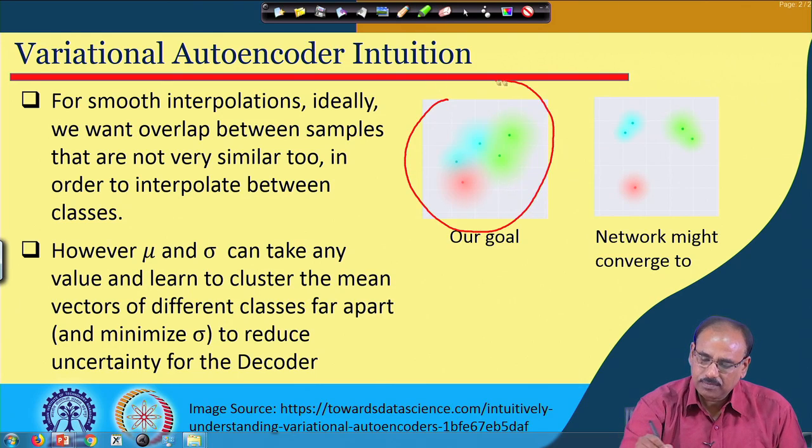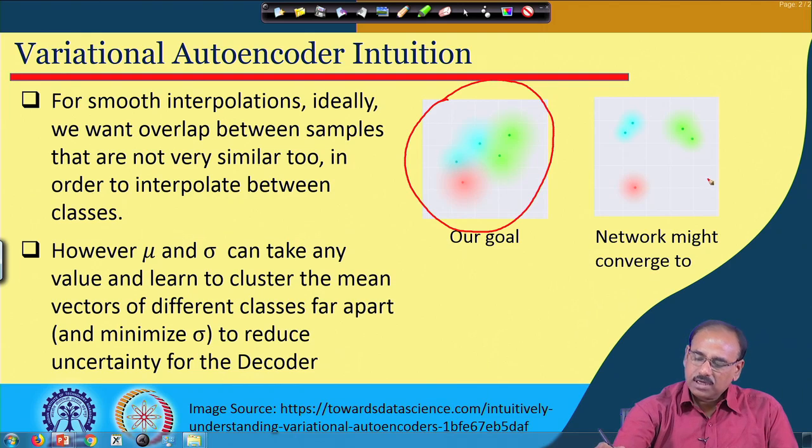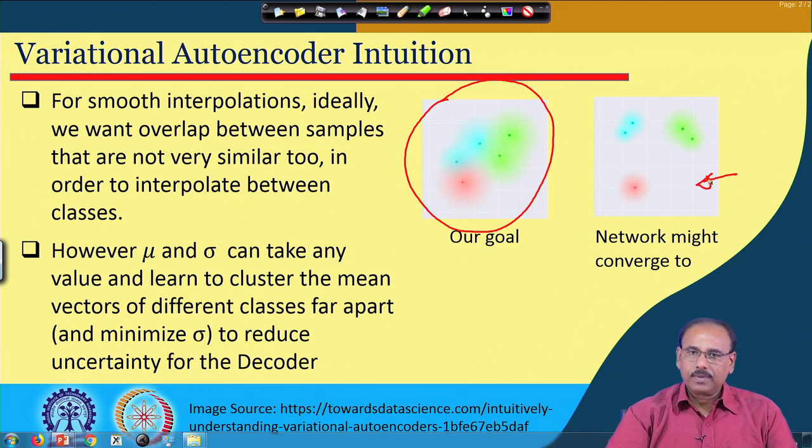as shown here. But while training, the network may converge to a situation of this form, where the means of different categories of images or different classes of images become widely different from each other. So, we not only want the distribution of every category to be compact, we also want the distributions of different categories to be as close as possible.